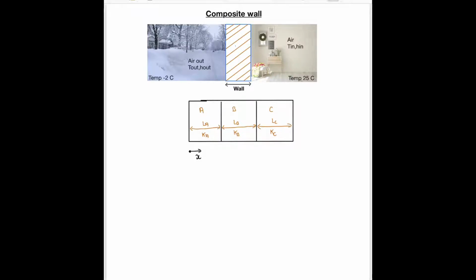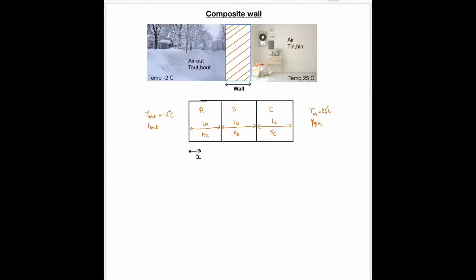Now, the air inside our room is at a temperature T in equal to 25 degrees Celsius, and outside, T out is around minus 2 degrees Celsius, with heat transfer coefficients H out and H in.